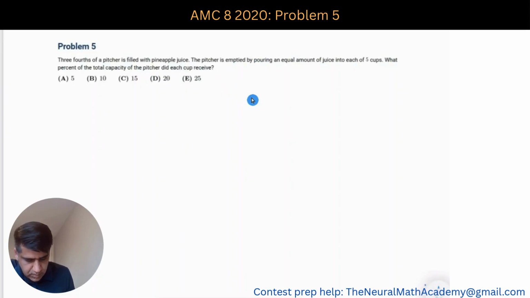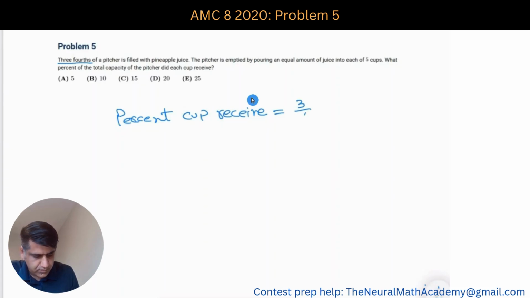So we are going to find the percent each cup receives. That would be equal to 3/4 of the pitcher divided by 5 cups and then multiplied by 100. So we can just simplify it.